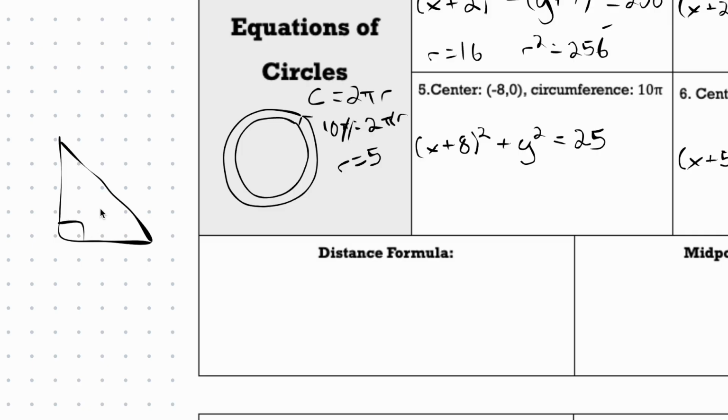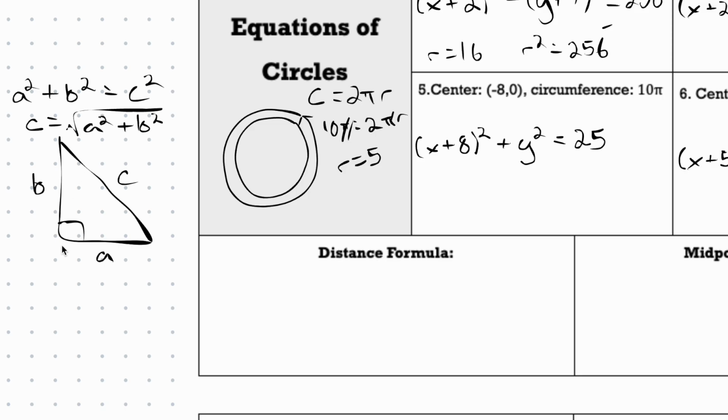Here we have a right angle where this is side A and this is side B and this is side C. The Pythagorean theorem tells us a squared plus b squared equals c squared. We can rewrite this as c equals square root of a squared plus b squared.